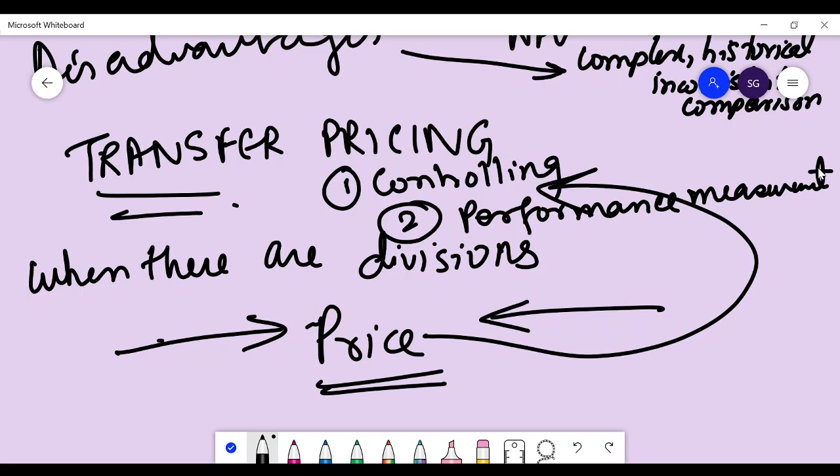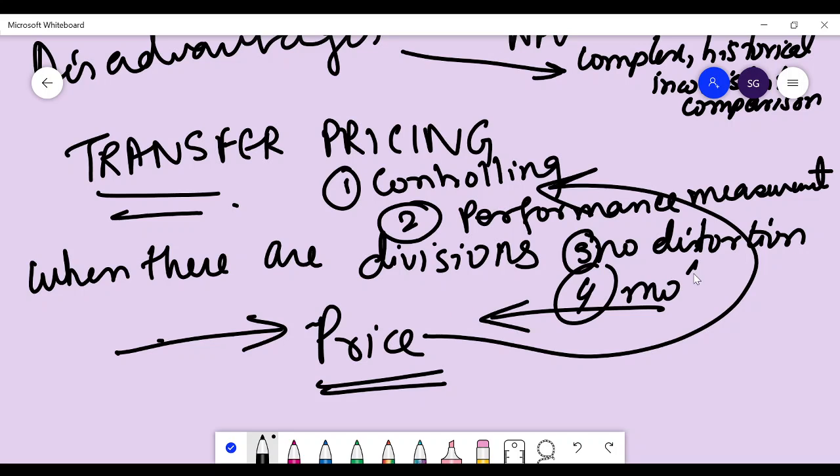Fairly, otherwise revenues and profits of the providing department will be understated and the receiving department will be overstated, to ensure that there is no distortion in performance measurement of the division. The last point is for motivation of managers and to avoid damaging the interest of the company as a whole.